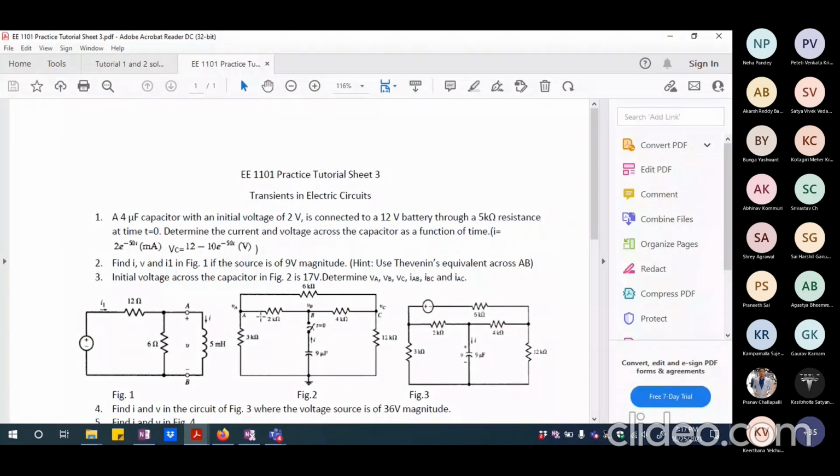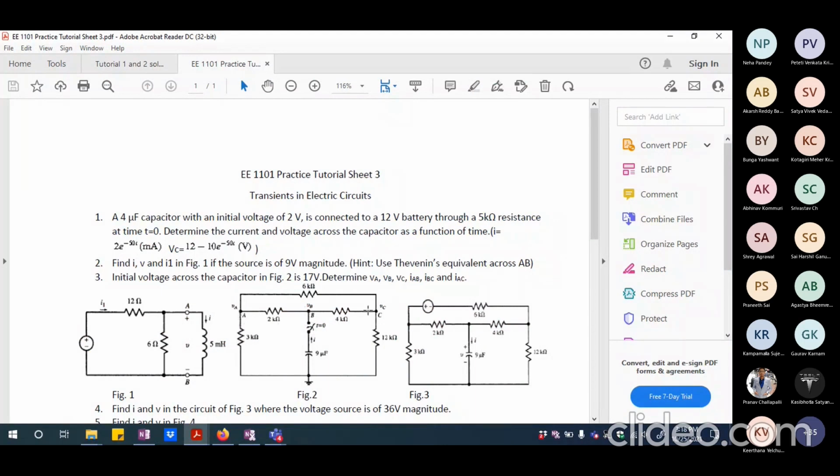So the next problem: the initial voltage across the capacitor in figure 2 is 17 volts, and at time t equal to 0, the switch is closed.